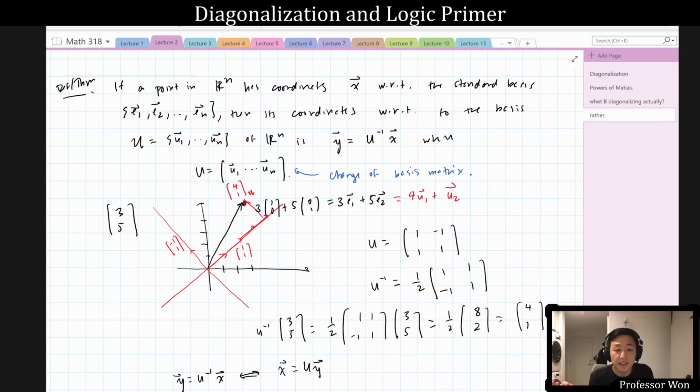So there's a u appearing in a diagonalization, and there's a u inverse appearing in a diagonalization. A diagonalization is really about change of basis. So if A is diagonalizable via A equals u lambda u inverse, then multiplying by A is the same thing as multiplying by u lambda u inverse.